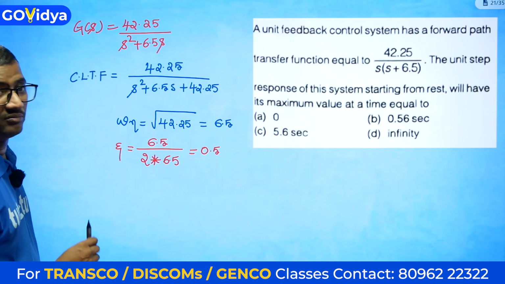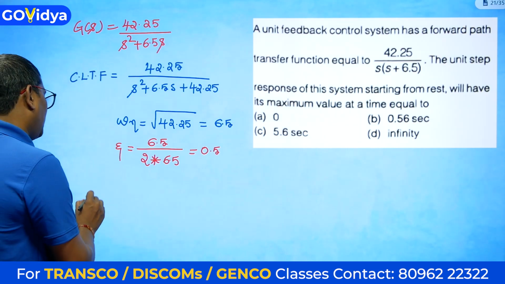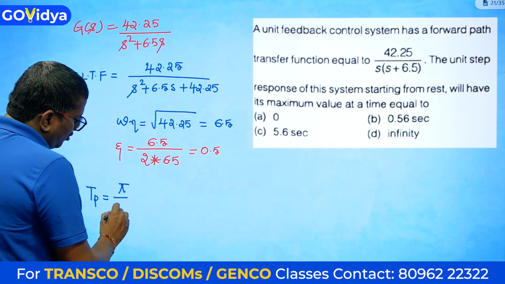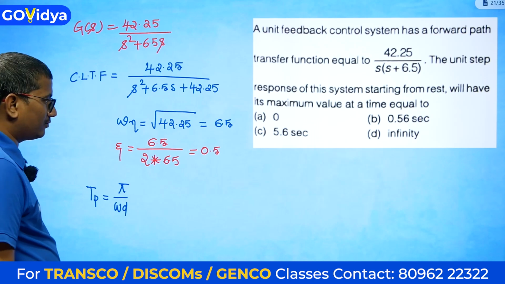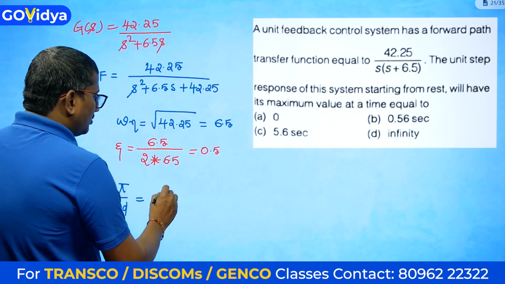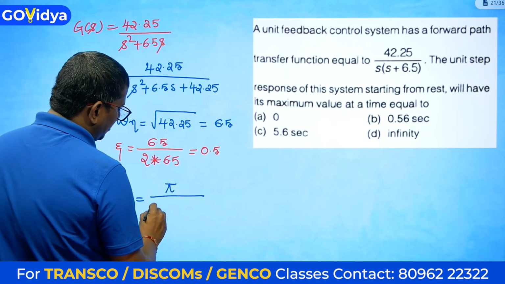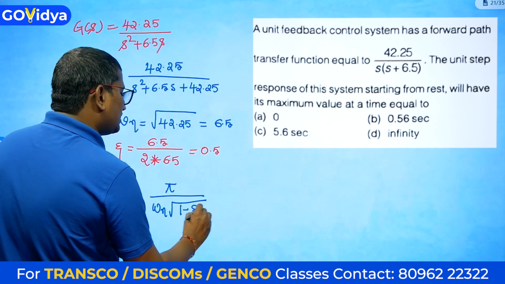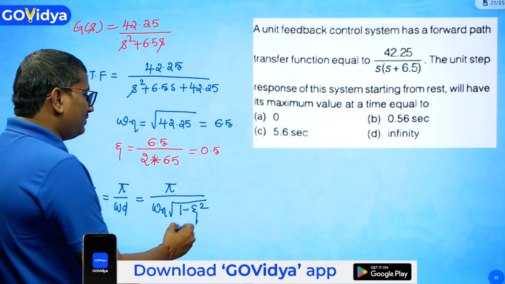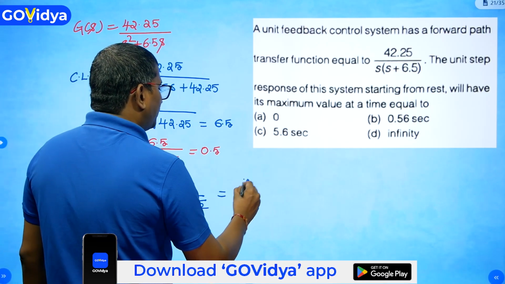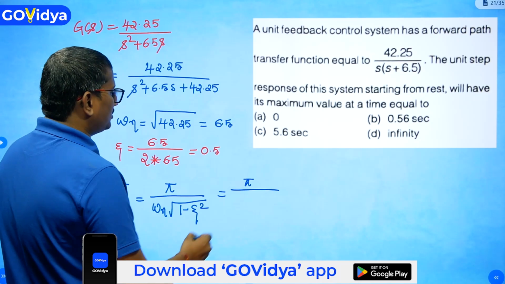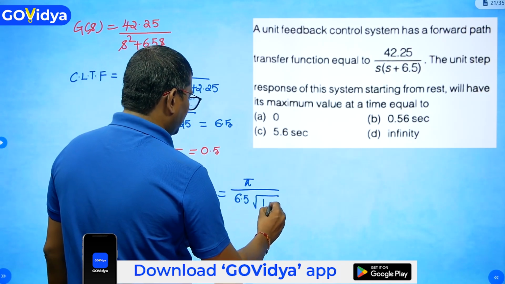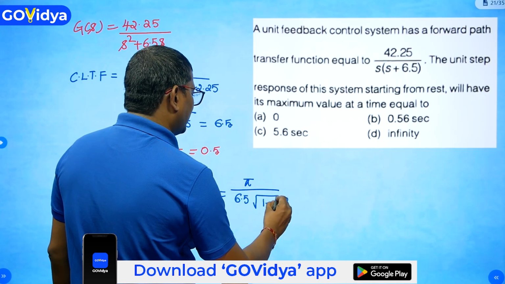Now what are they asking? Peak time. Yes or no? Peak time Tp is equal to pi by omega d. Right. What is omega d? Omega n into root over 1 minus zeta square. So we have every value now. Pi by, what is the omega n value? You got 6.5, root of 1 minus 0.5 square.